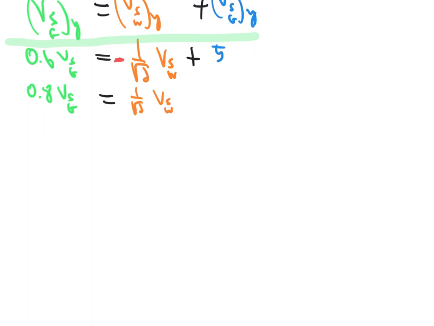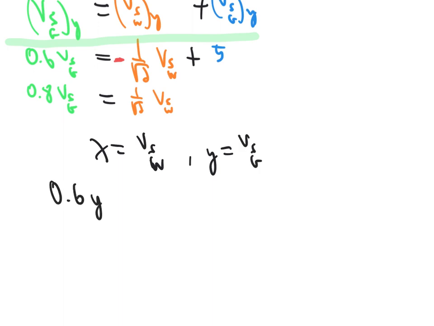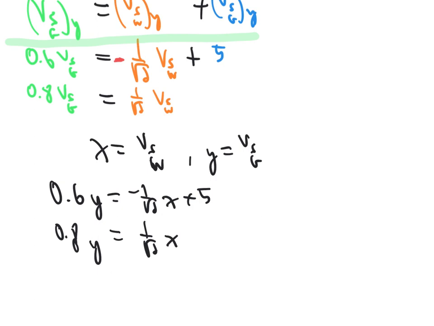I'm going to do it graphically using Desmos, where I'm going to identify that my x is the speed of the guy with respect to the water, and that my y is the speed with respect to the ground, and then I have a system that says 0.6 y equals minus 1 over root 2 x plus 5, and 0.8 y equals 1 over root 2 x, and I could go from there.